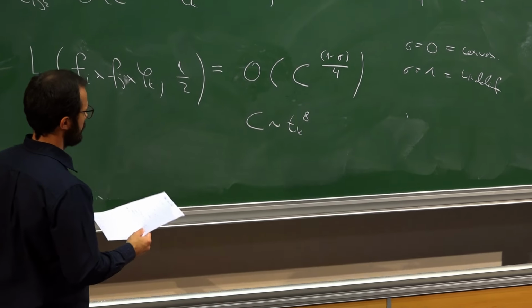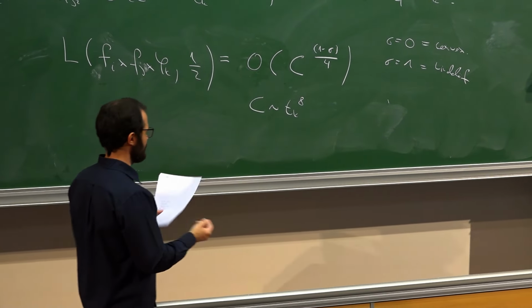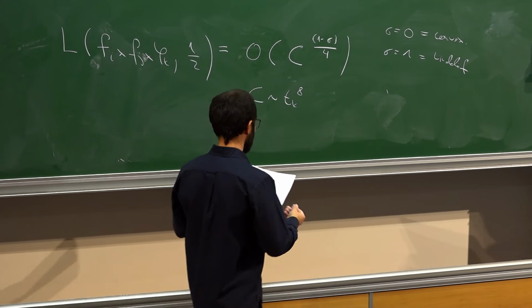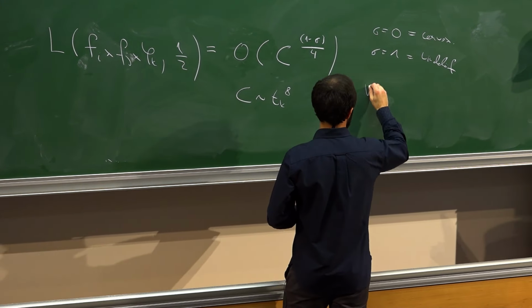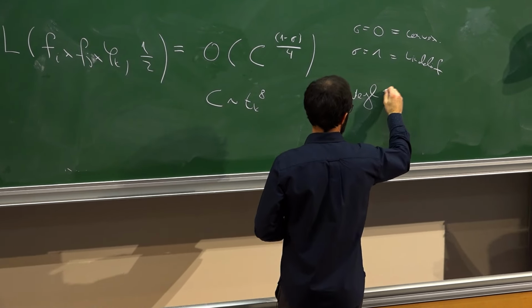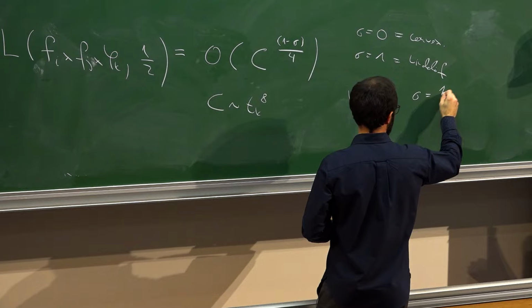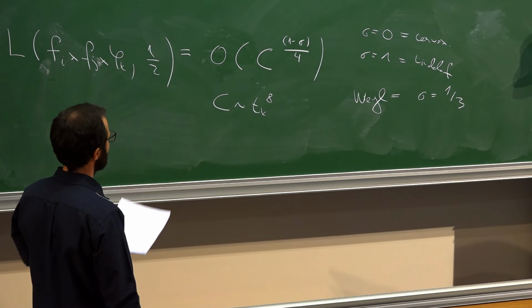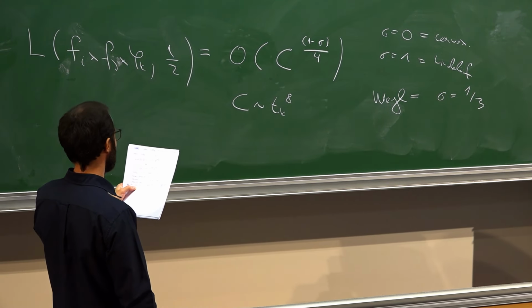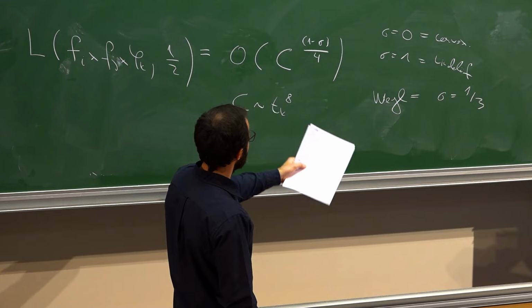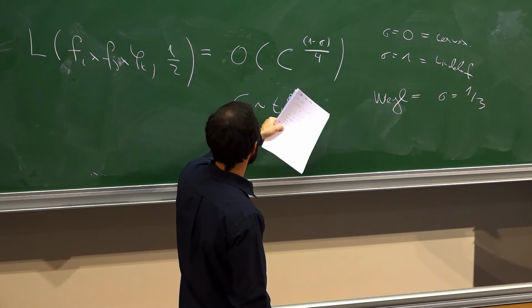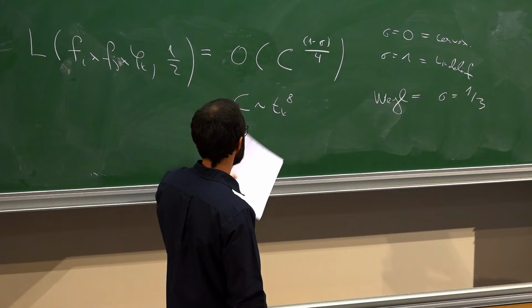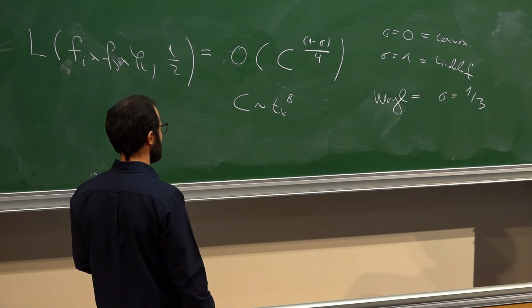So then what we proved is the Weil bound, which corresponds to sigma being 1/3 of the way. So we can plug it in. For some reason I didn't put it in my notes, but sigma is 2/3, this is 1/6, so 8/6, which is 4/3.